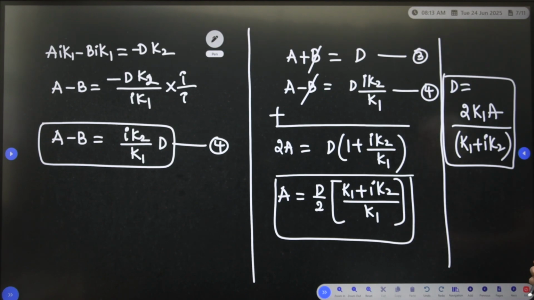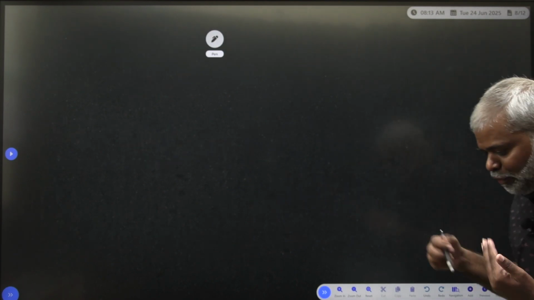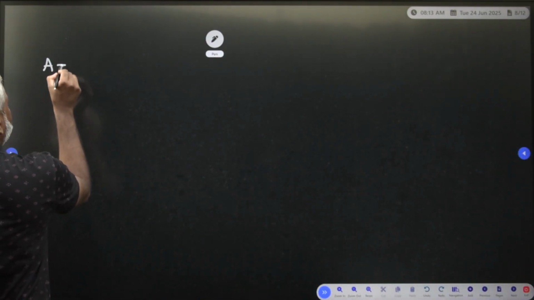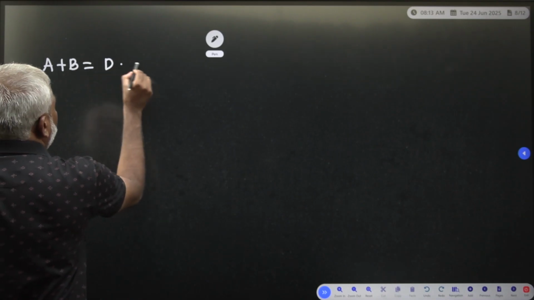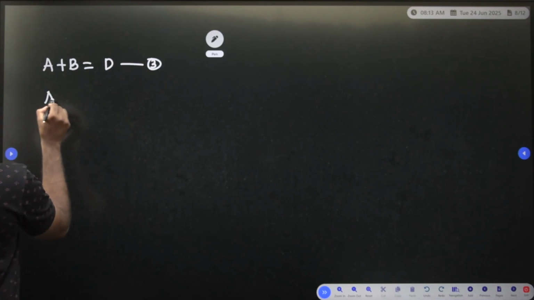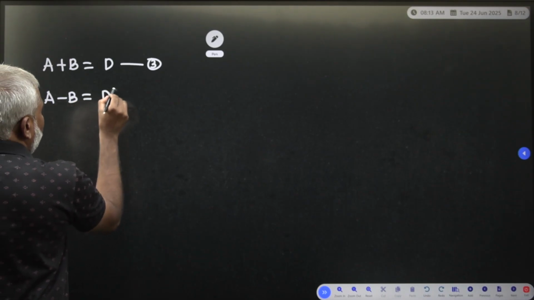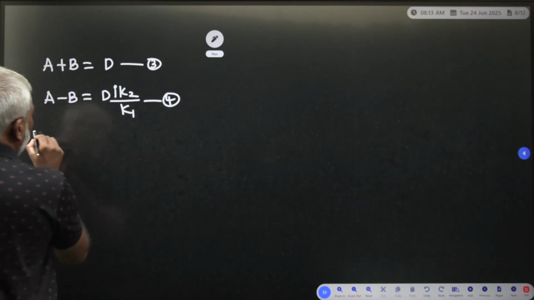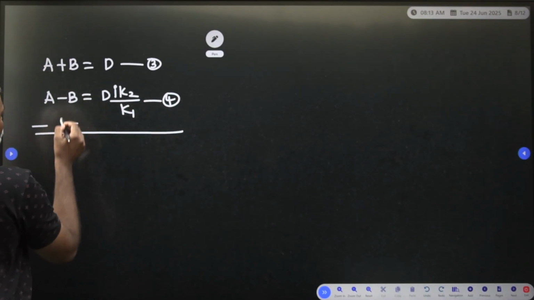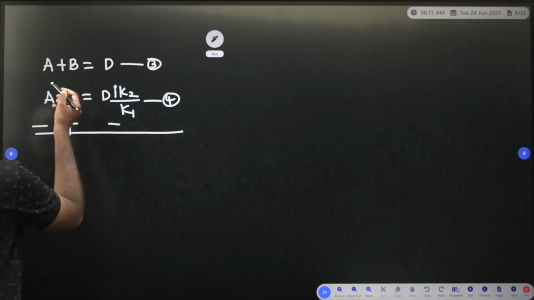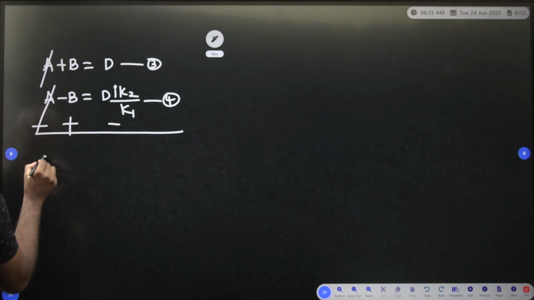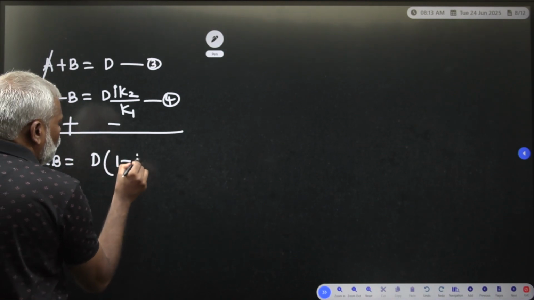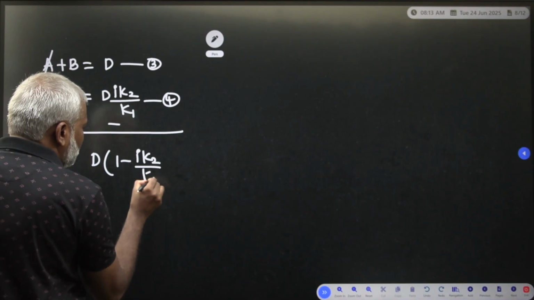After some time you have to utilize this. Now take equations 3 and 4 and subtract them. Equation number 3 is A plus B is equal to D. Equation number 4 is A minus B is equal to D into iK2 divided by K1. Subtracting, A minus A gets cancelled, therefore 2B is equal to D times the common term (1 minus iK2 divided by K1).